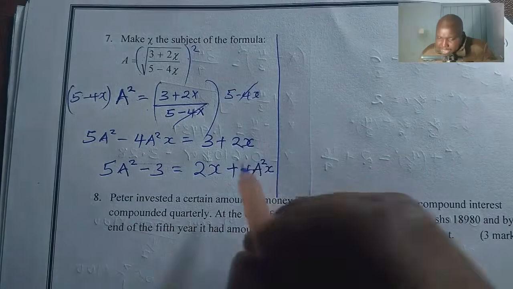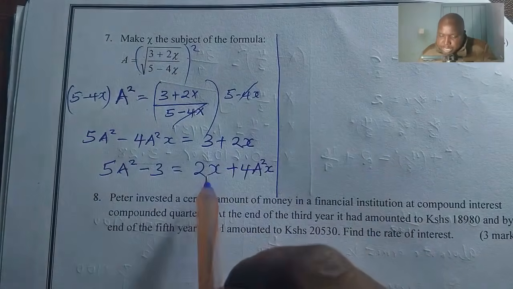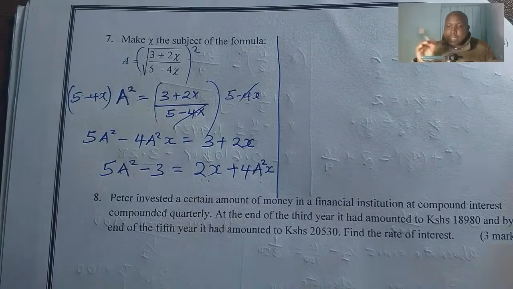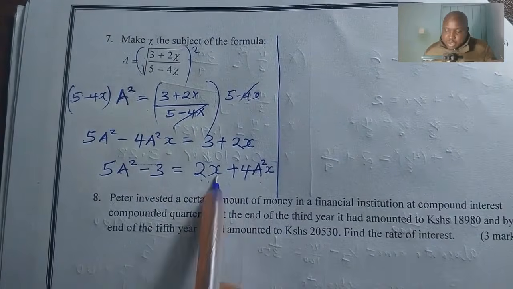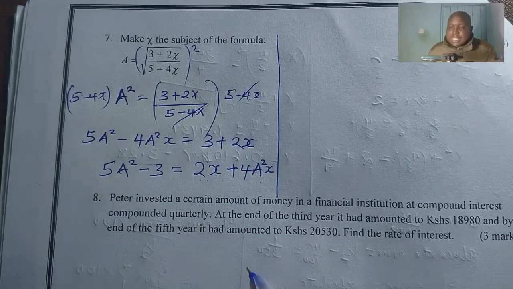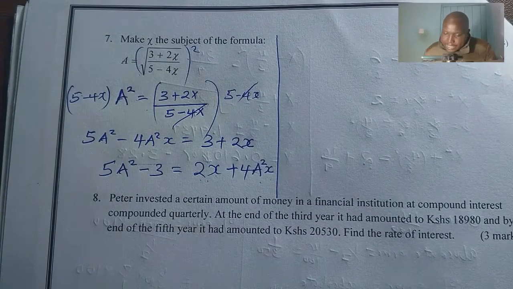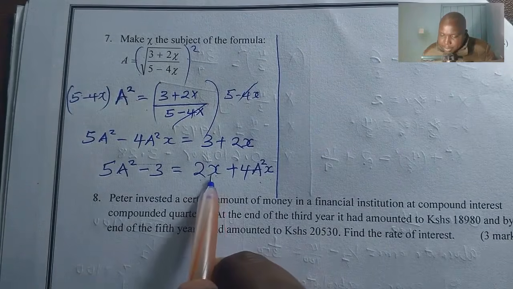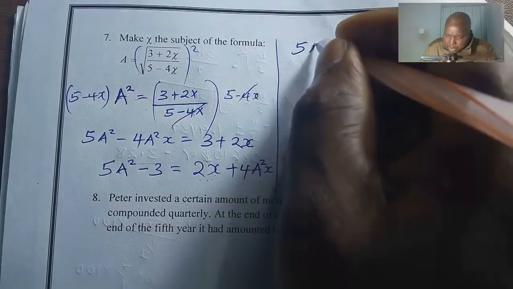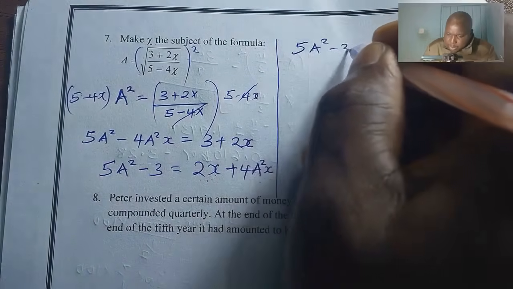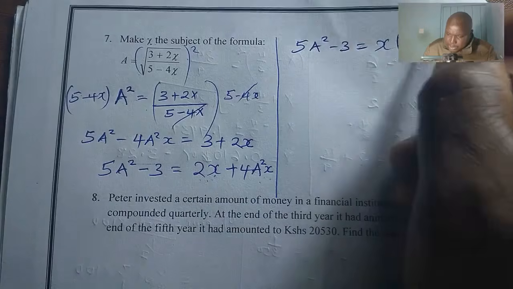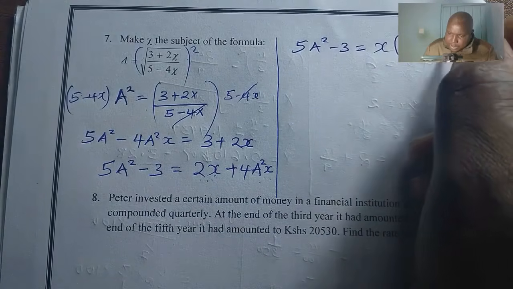Because we are making x the subject of the formula, you need to bring the terms with x together. The terms that contain x, you need to put them together so that you can solve it easily. The next step, x is the common factor here now. 5a squared minus 3 is equal to x into (2 plus 4a squared).